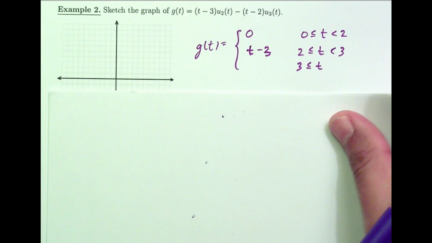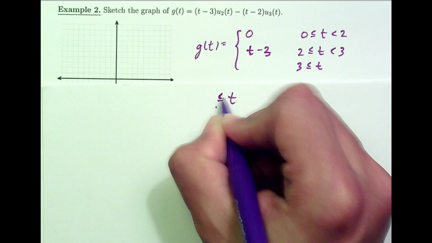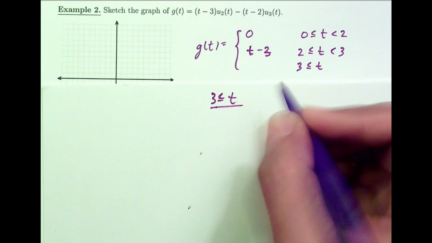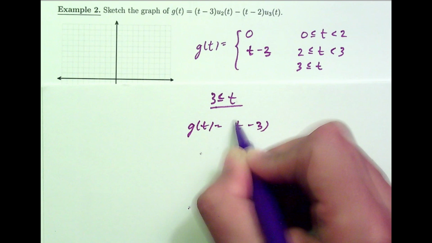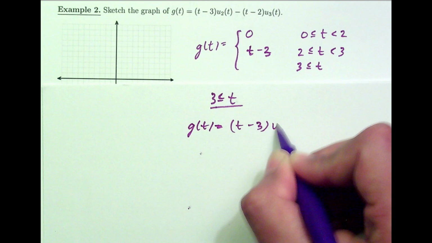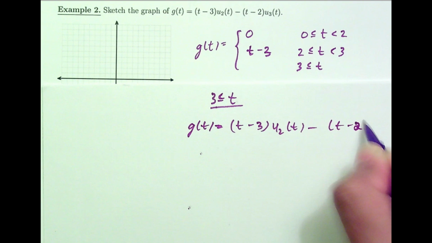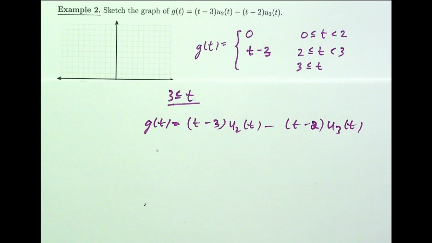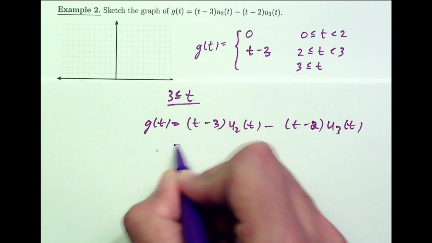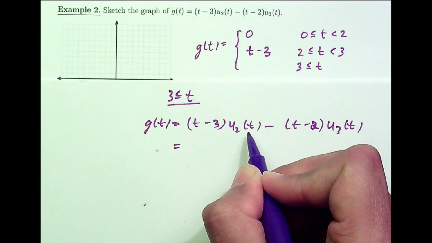And lastly, if you plug in a number bigger than or equal to 3, then this one, because I'm plugging in a number bigger than 3, this is bigger than 2.